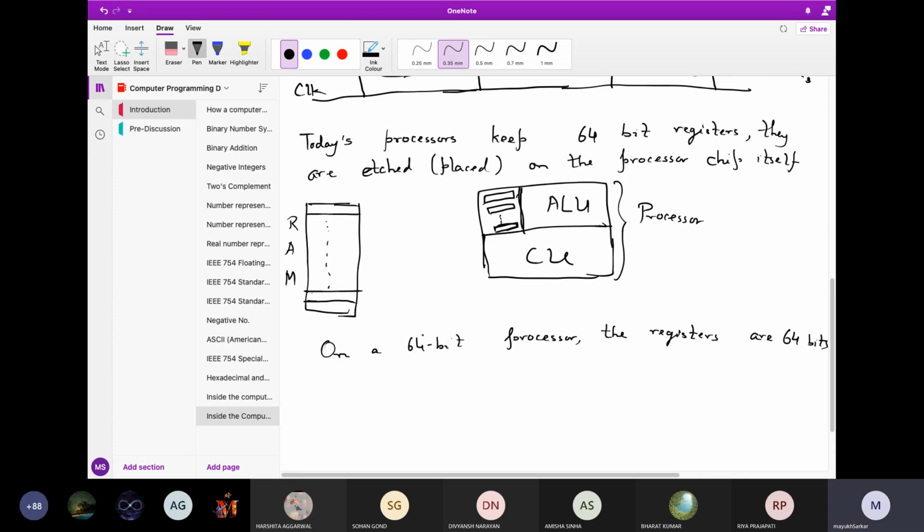Now, this is important: each row in RAM has its own address.